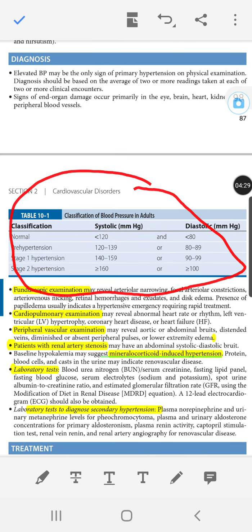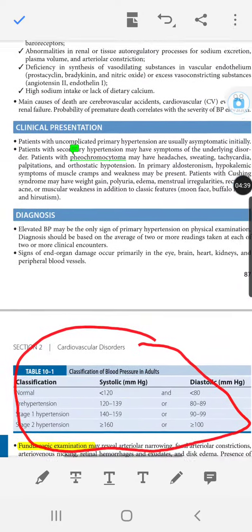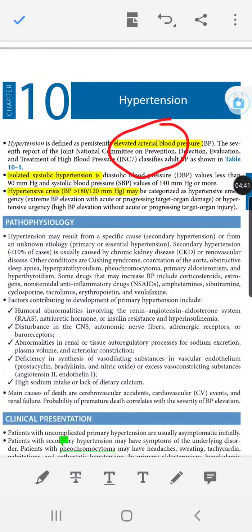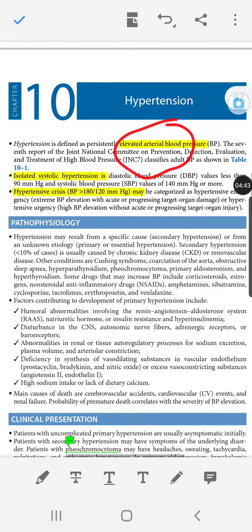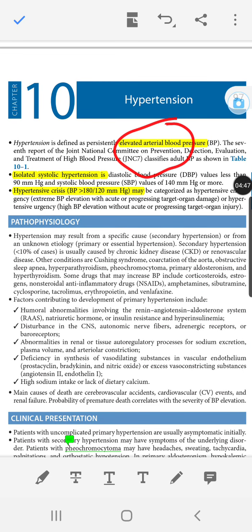And when it's stage 1, then we should give some kind of medication. And when stage 2, then another kind of medication. We'll discuss it later. So it's all about hypertension. When someone asks what is hypertension, it depends on the classification: normal, prehypertension, stage 1 and stage 2.